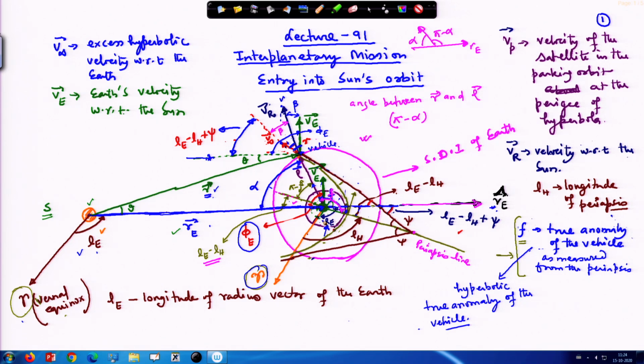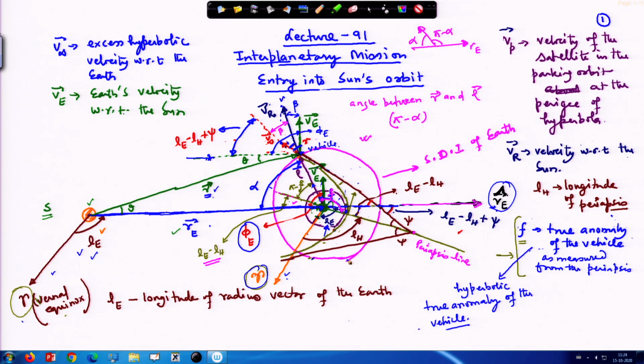This angle locates this unit vector R e, or the line L e which is drawn, with respect to the vernal equinox. So, this L e and this L e are both the same. That means they are parallel, both toward the vernal equinox.